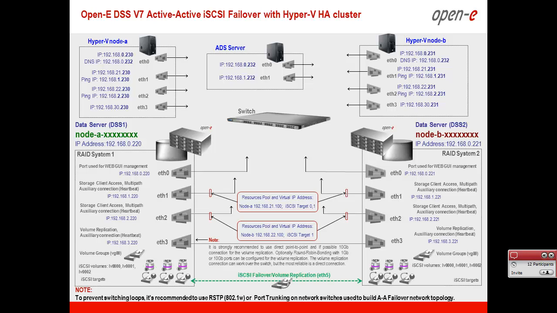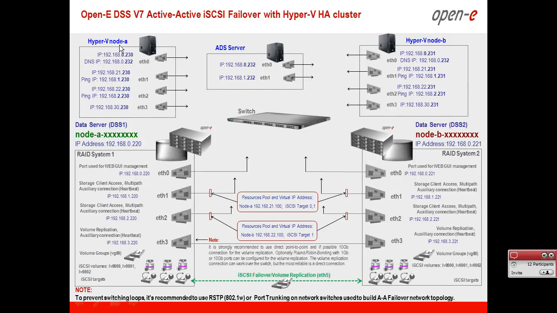But as I have 4 ports in every server, I decided that the last port, ETH3, will be used for volume replication, and ETH1 and ETH2 will be used to export our iSCSI targets. The first resource pool, which is started on node A, will use ETH1, and the second resource pool, which is started on node B, will use ETH2. We will see this step by step.